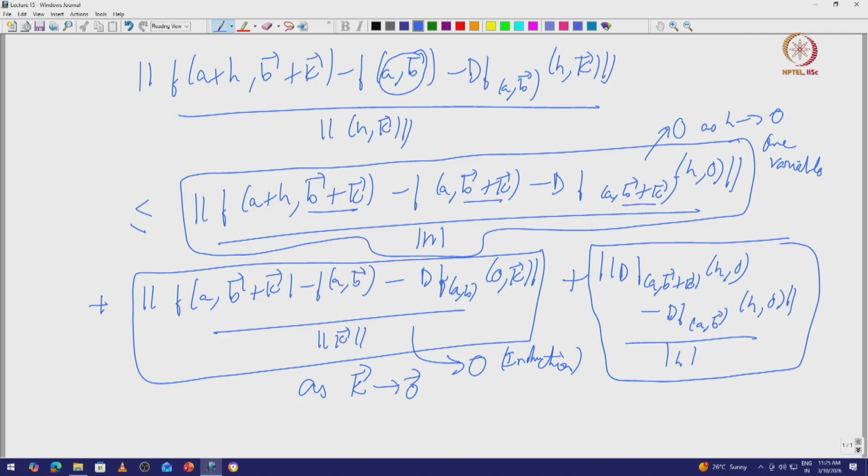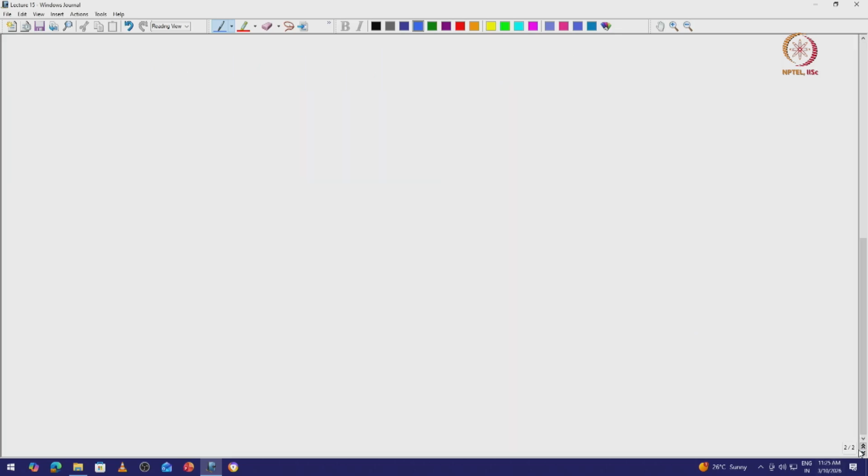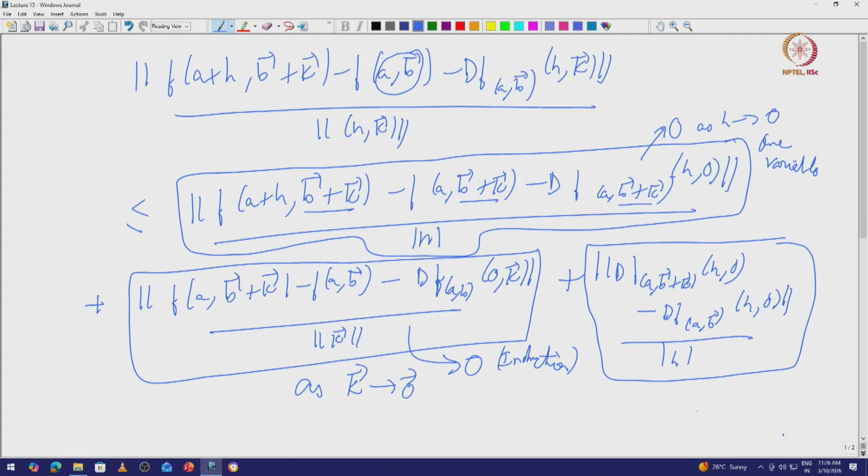Okay. So for this, it's not too difficult, but the intuitive reason is we have assumed that the derivative is continuous. So as k goes to 0, if k is very small, right, this is very close to this. That is the point. Okay. So that's what we'll use here.